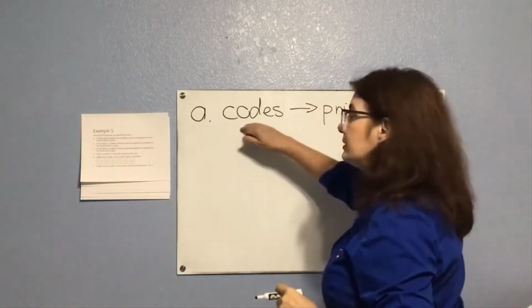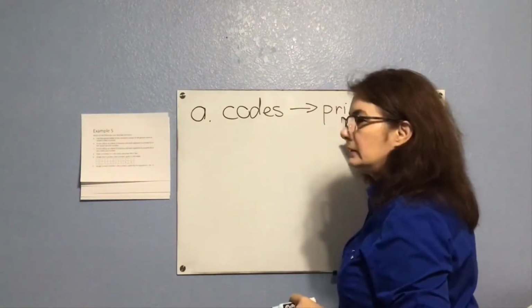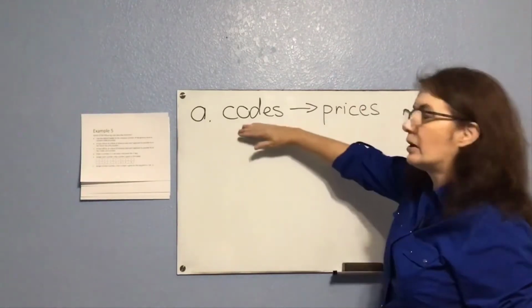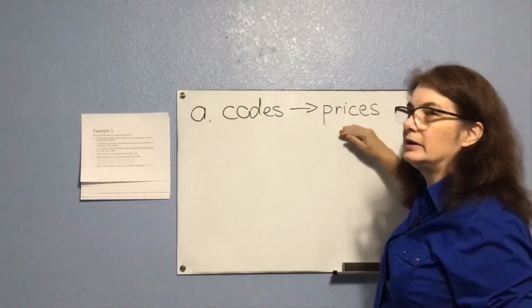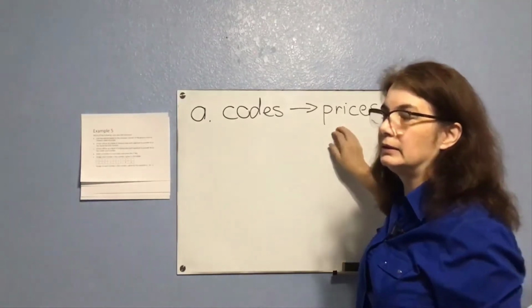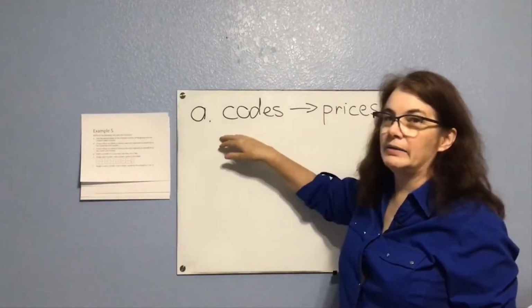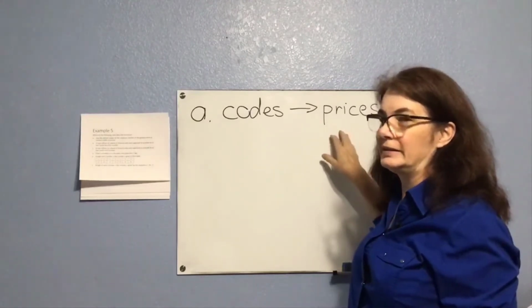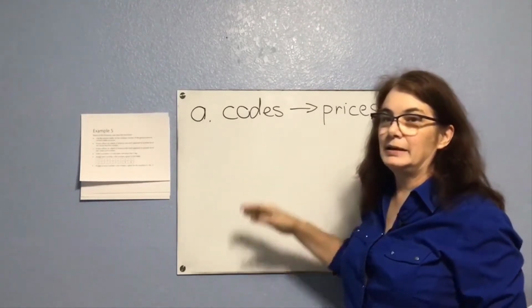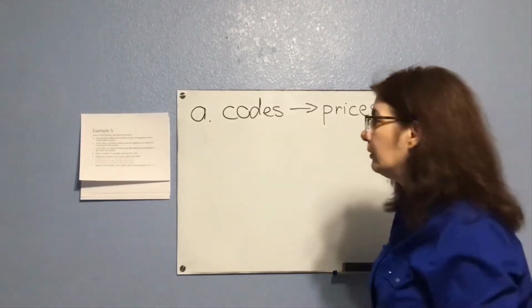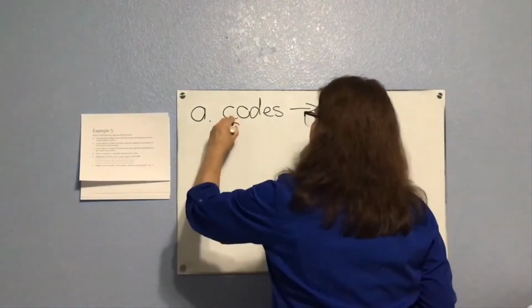Okay, we've got two sets of things here. Is it true that every code gives us a unique price? Only one price. Okay, if every code didn't give us the same price every time, then some people would pay more for something than others. So yes, this is a function.